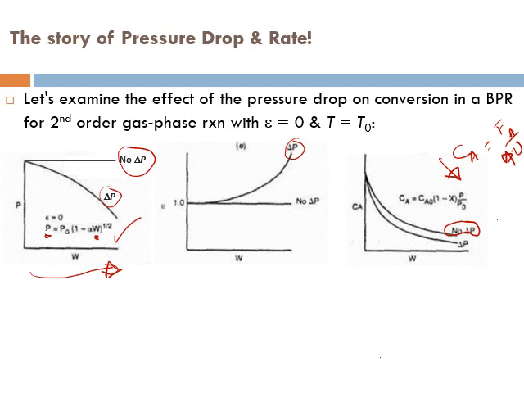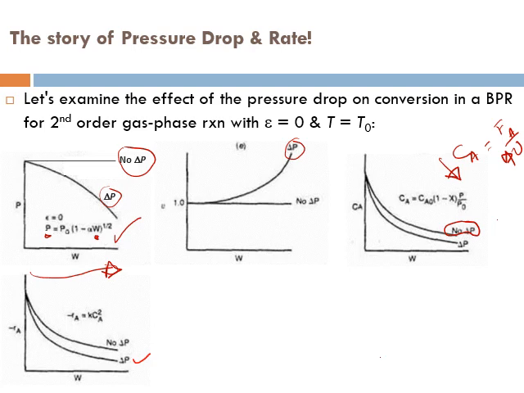Okay, and then this obviously affects the rate of reaction. So when you have pressure drop, we'll see that the rate of reaction is lower than a case where you do not have pressure drop. How does the rate of reaction affect conversion?